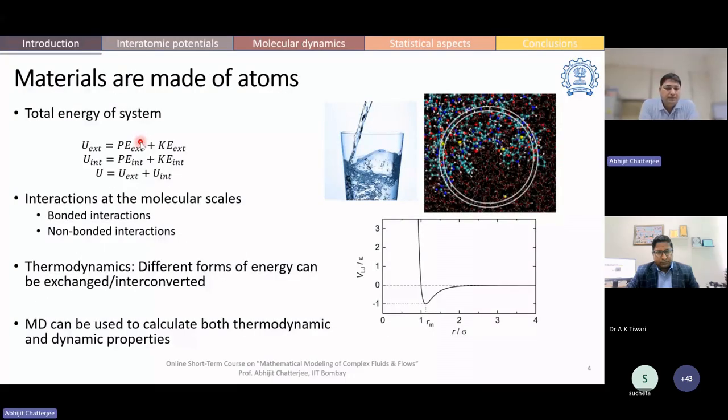Okay, so if you want to think at the molecular scales, we know that all materials are made of atoms, and so if you look at this glass of water, you can see that the water is moving within the glass because of this inflow present.